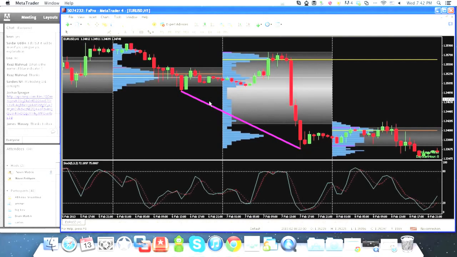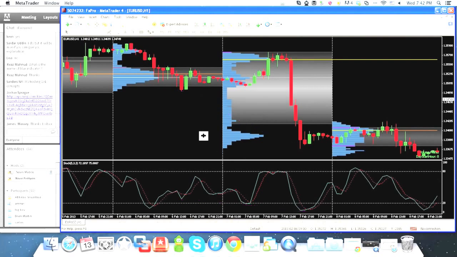If you check your indicator, it's done pretty much the same thing. When the markets do something totally opposite, you have an indication that the markets will turn. You're going to have a change in direction.